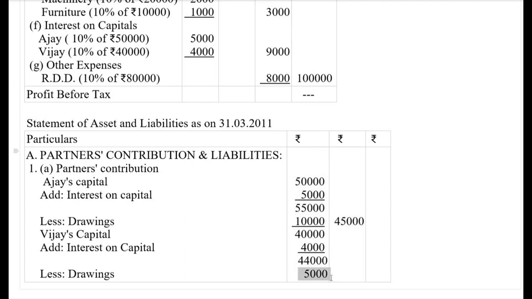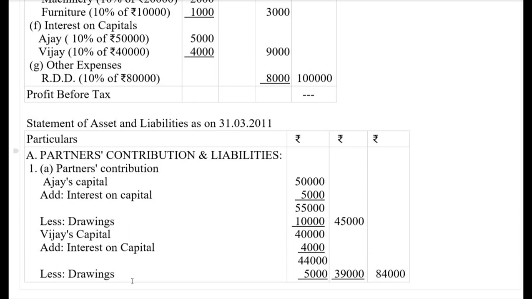So the difference, we shall take it to the outer column here. So the difference here will be 39,000. When some of these two capital balances are taken, it will be now 45,000 plus 39,000 comes to 84,000.